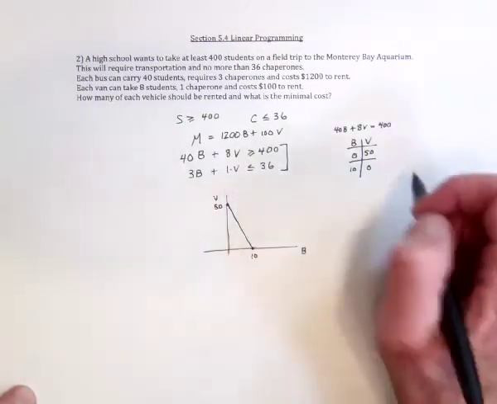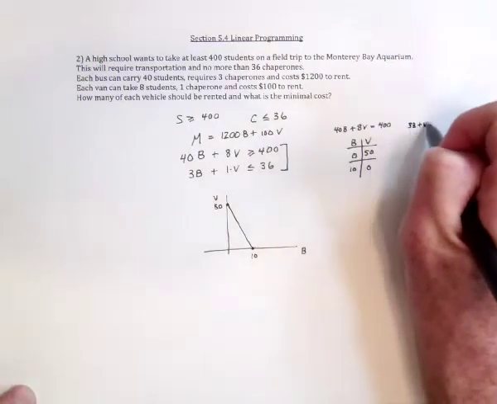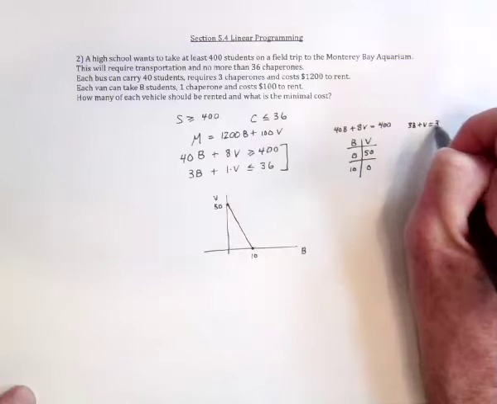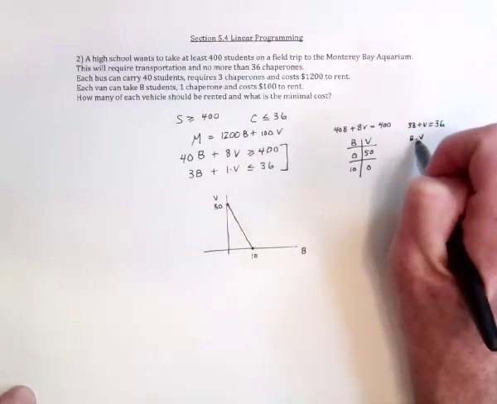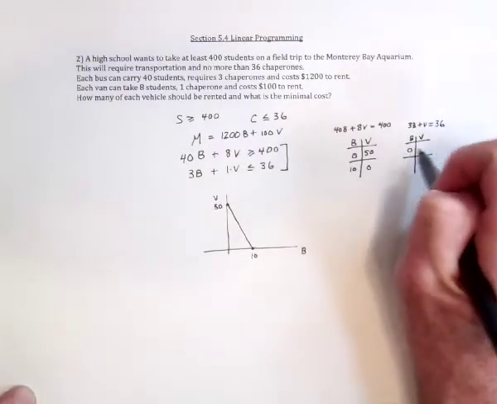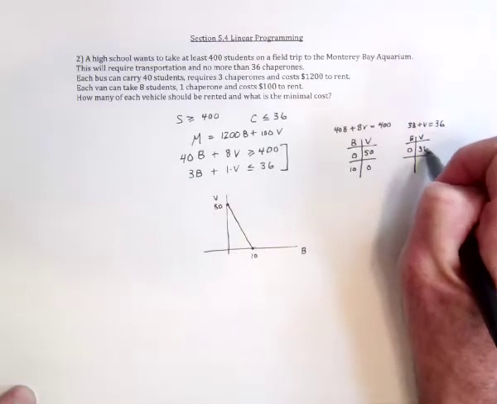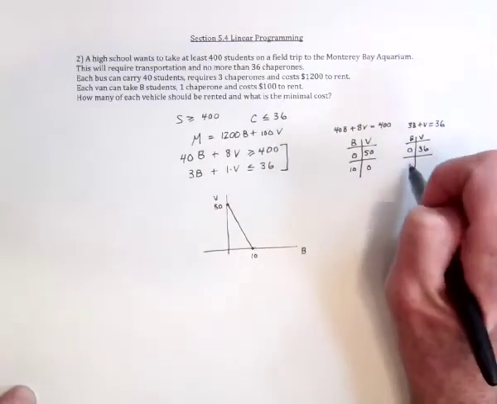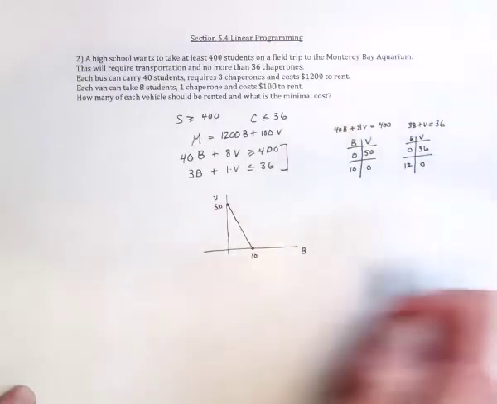And now for this other line, 3B plus V equals 36. Make a little table of values with B and V. If the buses was 0, then it would take 36 vans. And if the vans were 0, it's going to be 12 for the buses.